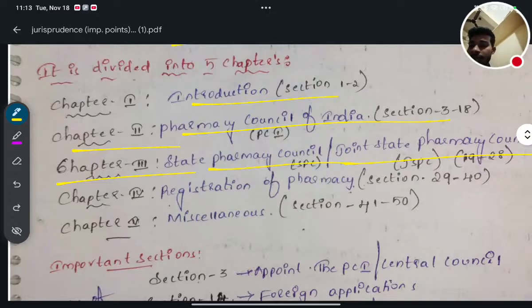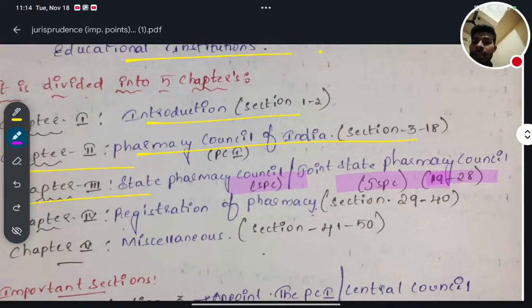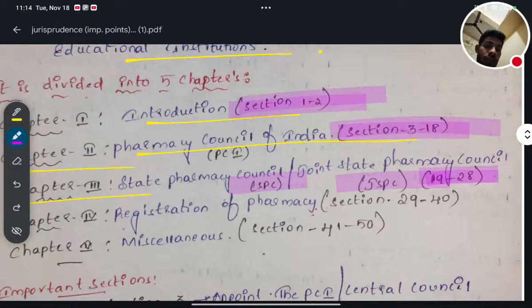State Pharmacy Council is also denoted by SPC and Joint State Pharmacy Council is denoted by JSPC. It has section 19 to 28. So chapter 1 has section 1 to 2, chapter 2 has section 3 to 18, chapter 3 has section 19 to 28.